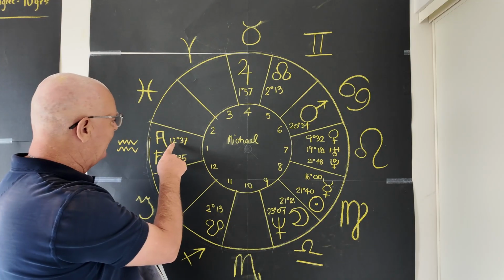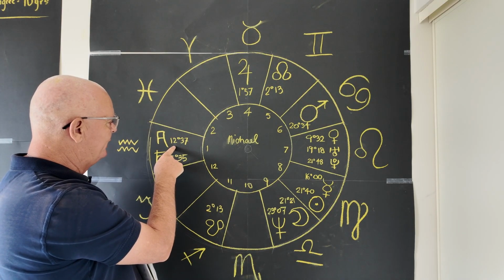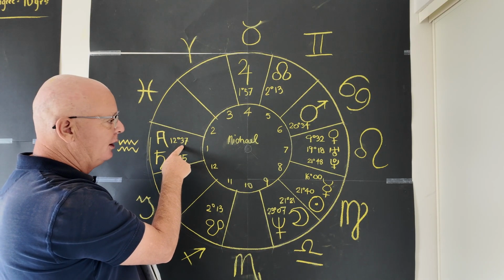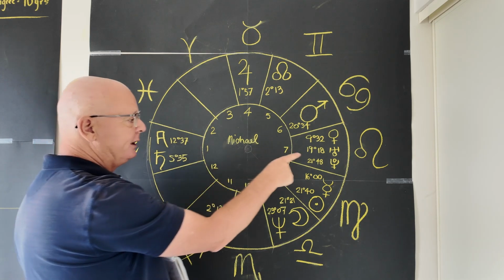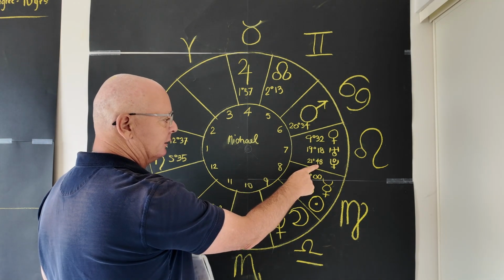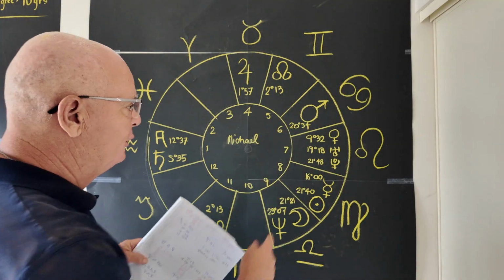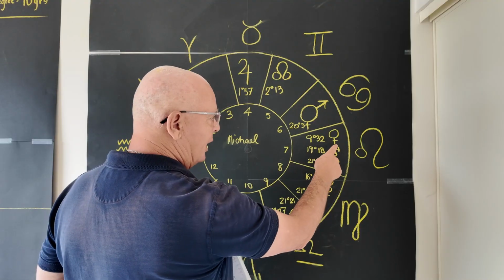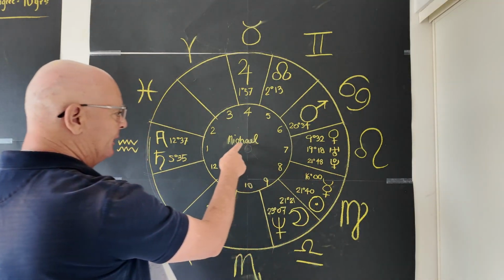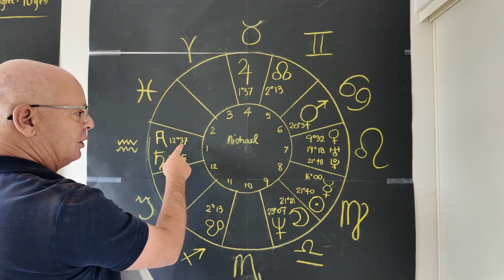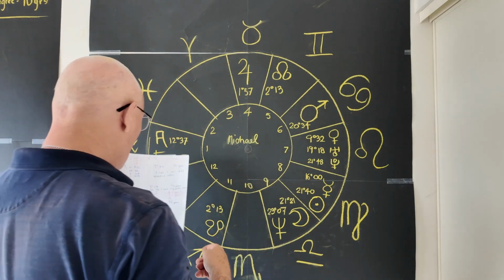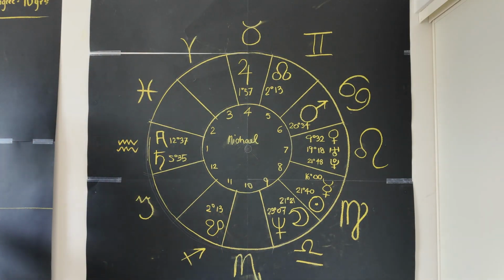You can see if you add 9 degrees, you get 21. If you add 11, you get 48. 21, 48. That's 9 degrees and 11 minutes, Pluto. And it makes a conjunction to the 7th, and it makes an opposition to the ascendant with an orb of 9 degrees and 11 minutes.